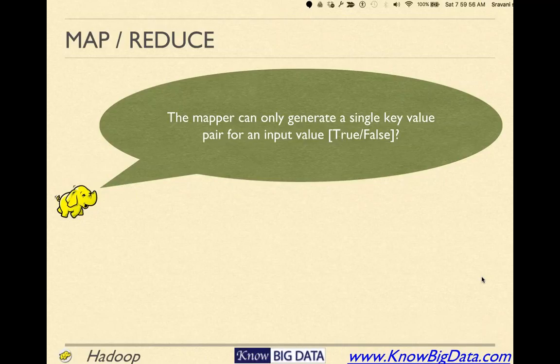So I did not get, Mahesh. Are you changing your answer from true to false or false to true? We created one key. Our input was one single line for each map task, right? So we converted each line into multiple key values, correct?